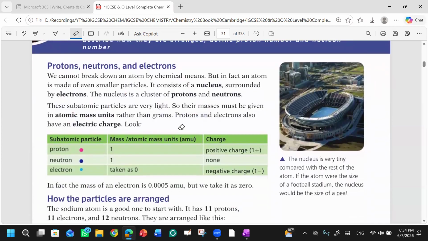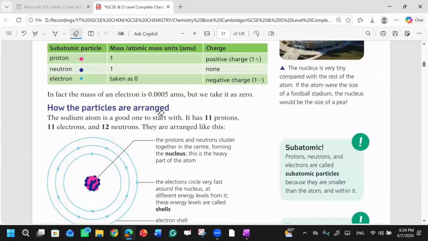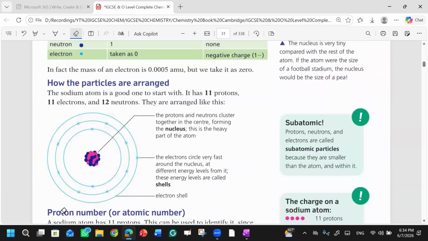Now we have more about the atoms: protons, neutrons and electrons. As I told you earlier, when we talk about any atom, firstly we talk about matter. Matter is anything which has mass and occupies space. Matter has 4 states: solid, liquid, gas and plasma.